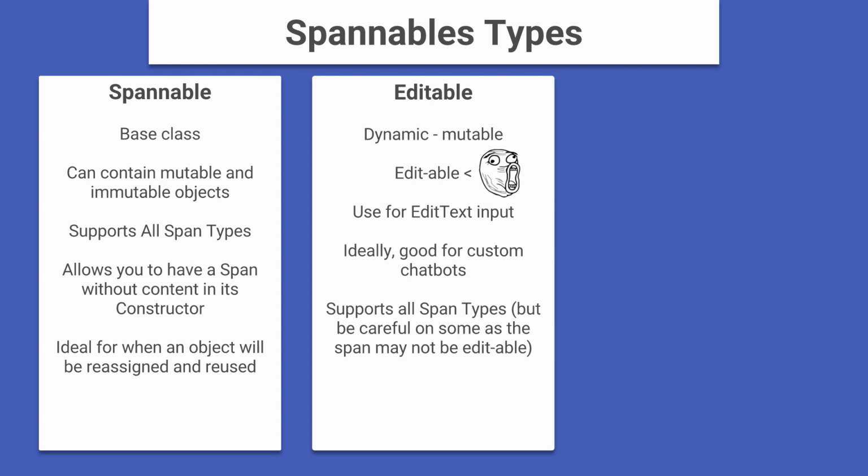And then also, it supports all span types, but be careful because you may end up using an immutable object and you still want to keep it editable. You just need to kind of watch. And then usually there's a reference at the top of the span, just like as listed in the Spannopedia, that tells you whether or not the object is mutable or immutable when you go to the page.